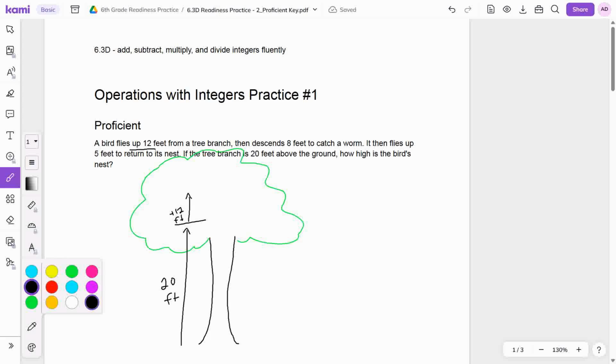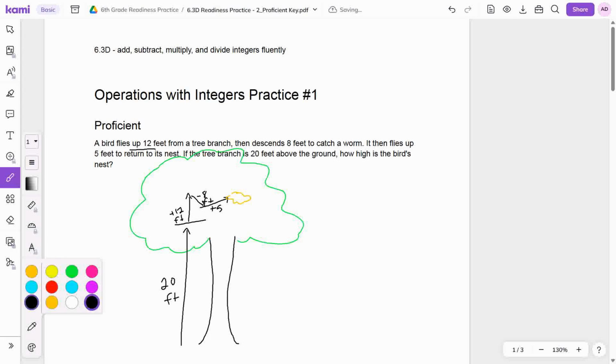Then it descends 8 feet to catch a worm, so let's have it come down 8 feet. And then it flies up 5 feet to return to its nest. So let's have it go up 5 feet, and let's say that its nest is right here. I'm going to just draw this little ring. There's its nest. How high is the bird's nest?